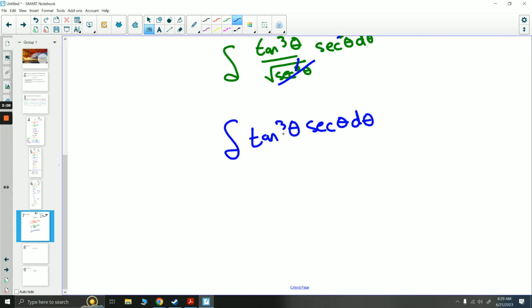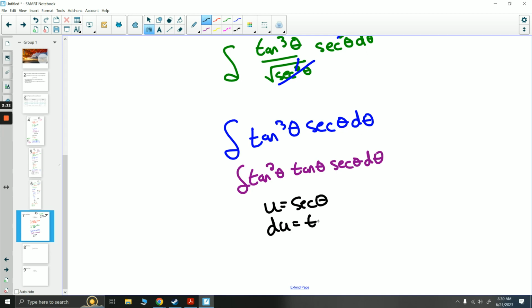Okay, now we have a tangent secant, so that tells me I'm going to have to use a secant. We don't have a secant squared. Okay, so we have tangent squared theta times tangent theta secant theta d theta. That's what this integral actually is. So we're going to say u is secant theta.